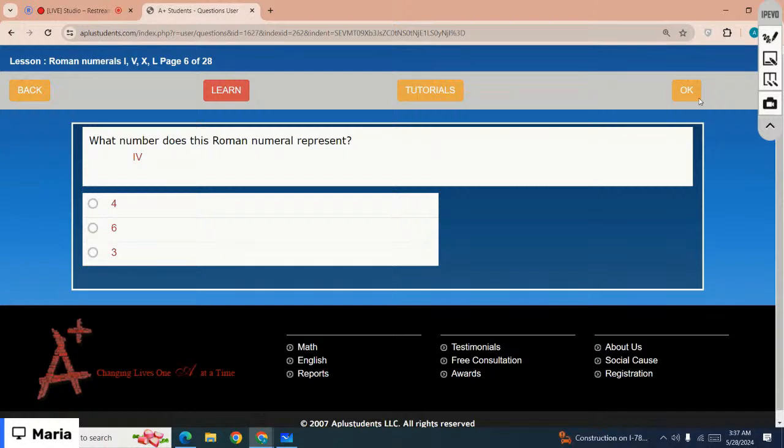So which is the correct option? The correct option is 4. Option number 1 is the correct option, right?